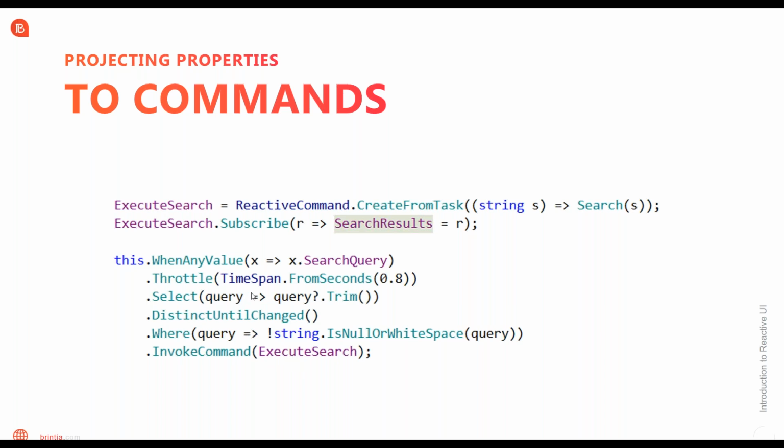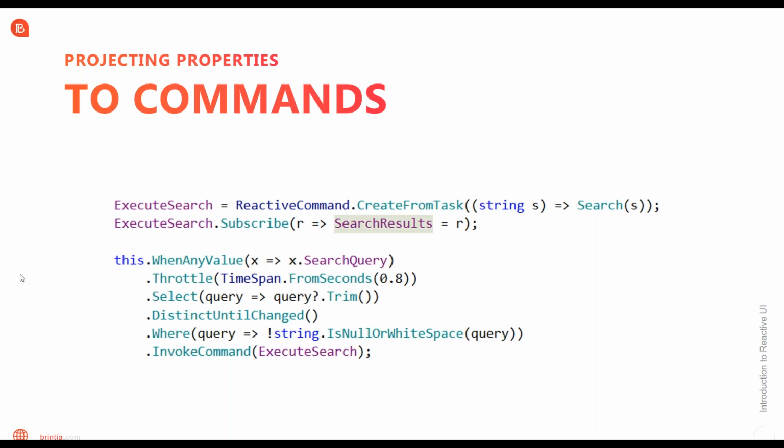And this is a funny and useful way to describe what a reactive extensions pipeline does. We are creating a not so simple observable. When any value changes in the search query property, we will throttle the elements.